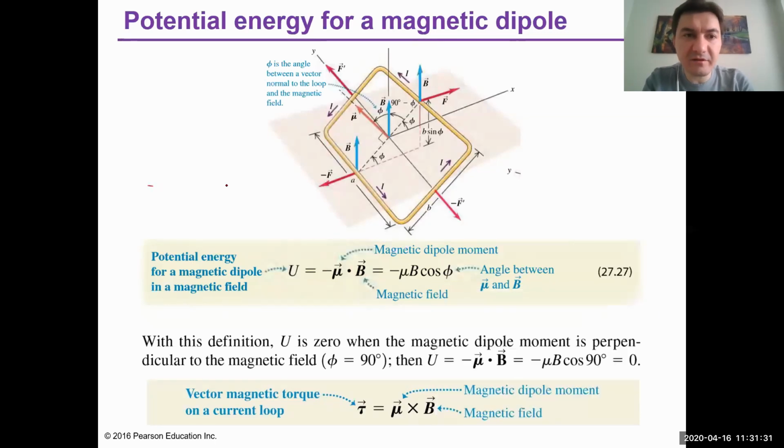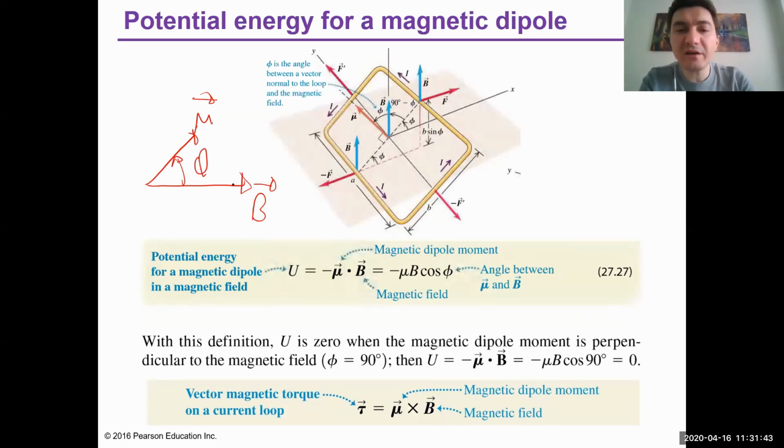So let's consider that this is the direction of the magnetic field. This is the magnetic moment. And this is the phi angle in between. What do you see here? When the phi is 0, I mean, if they are parallel to each other, phi is 0, okay?